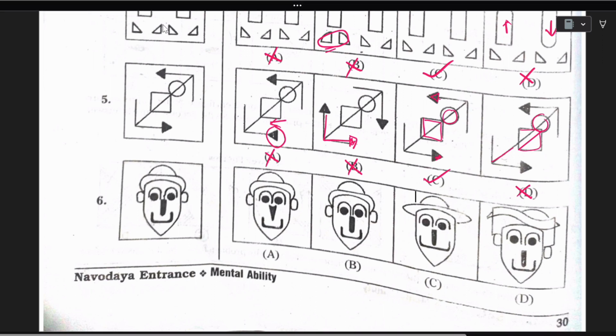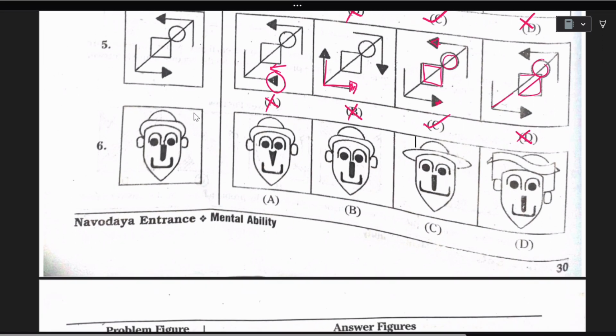And next one is, here we could see some faces of a joker. So just look into the question figure and also the answer figures. Here the hat of this joker is very different, so it is not the same. We will be eliminating D first. And here also they have given a different hat, right, which is not matching, so we will be eliminating C. And then we will look into these two.